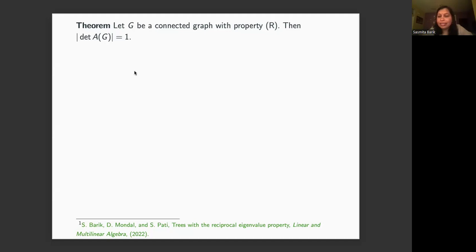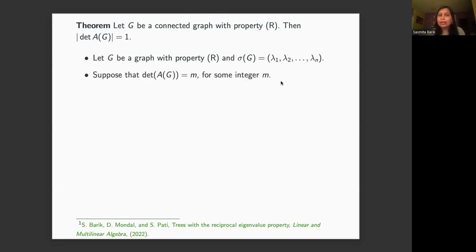I like that this was a result we were not suspecting would happen, but we could prove it using the direct product in a very simple way. So let us start with a graph G that satisfies property R, and let us take the spectrum as lambda 1 to lambda n.